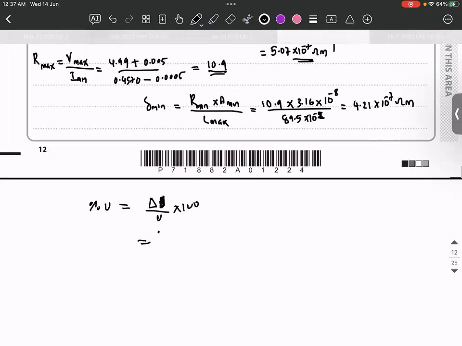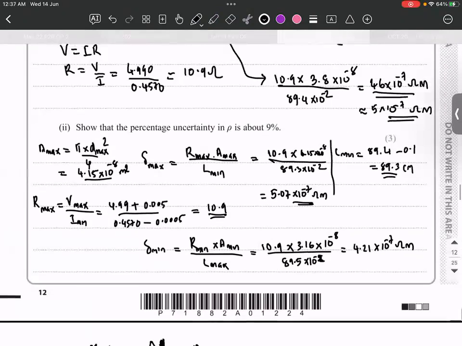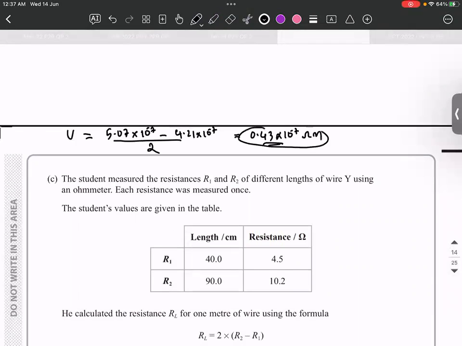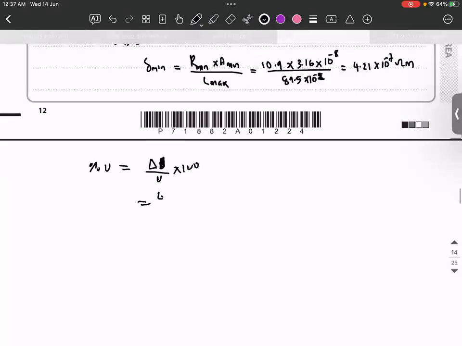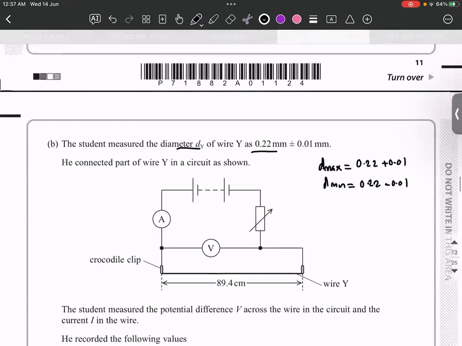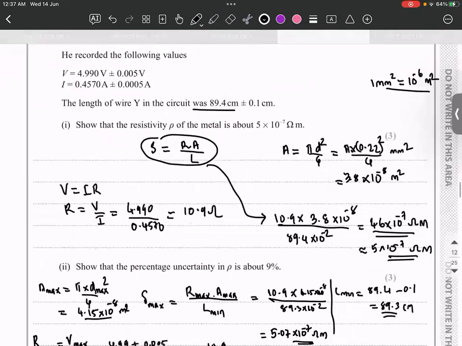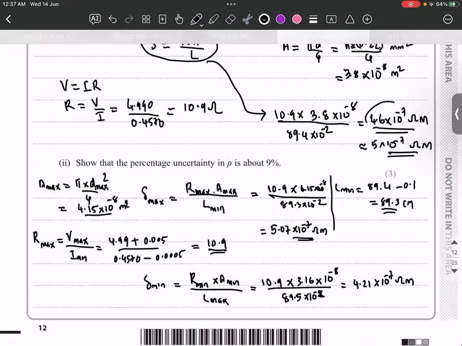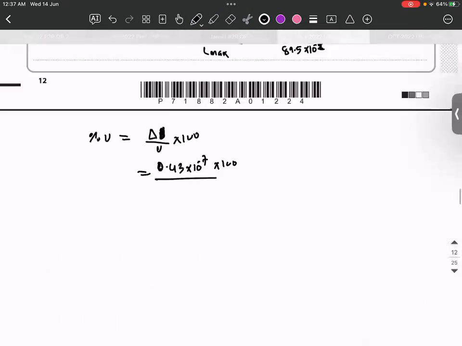So the change is 0.43 × 10^-7 into 100 divided by the original value. So the original value is 4.6 × 10^-7.